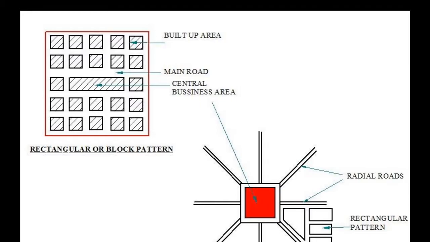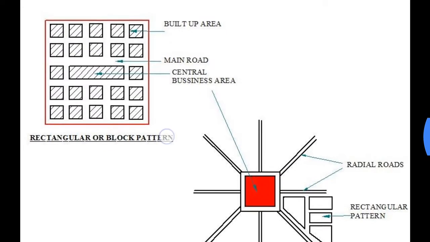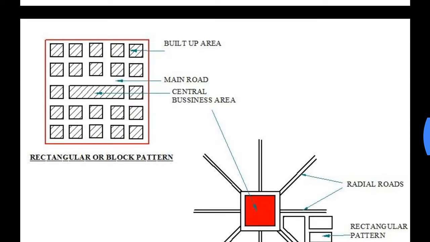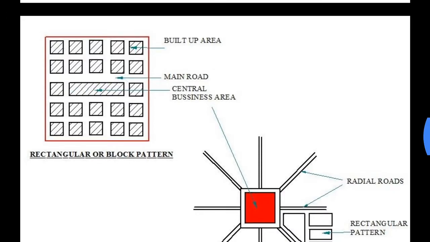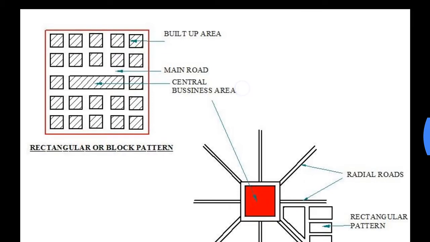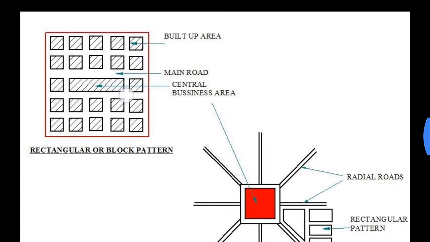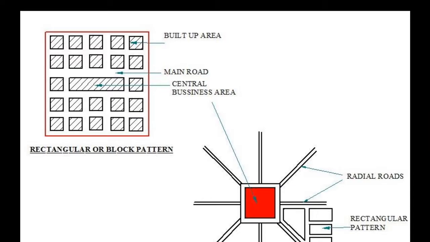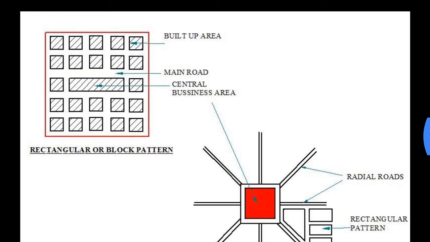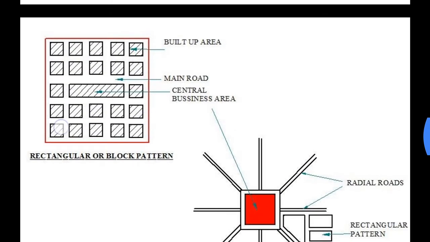The first one is the rectangular or block pattern. Here you can see there is a central area which is known as central business district, or here termed as central business area, and around this the road network is formed, and all the buildings or built up area is in the form of blocks or rectangles.